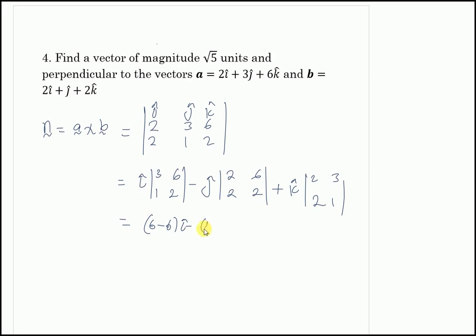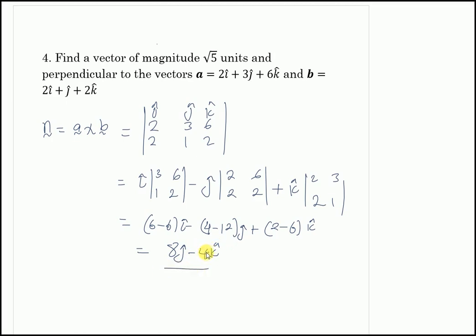So we have this one is 4 minus 12 for j, plus this one is 2 minus 6. This one is a 0, so we have negative 8 from here, then the negative here. So this one is 8j. This one is 2 minus 6, so this is minus 4k.